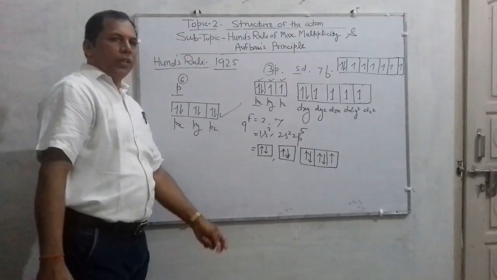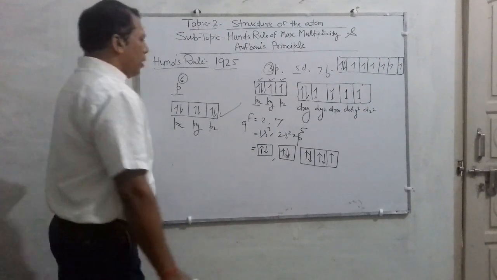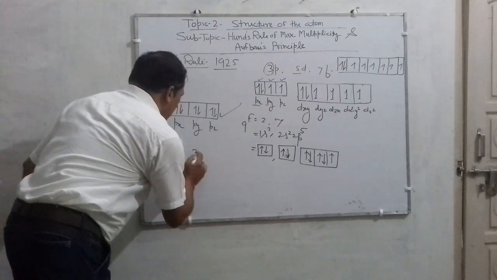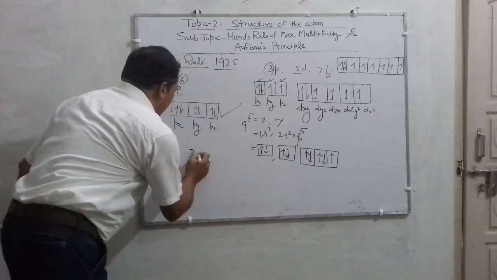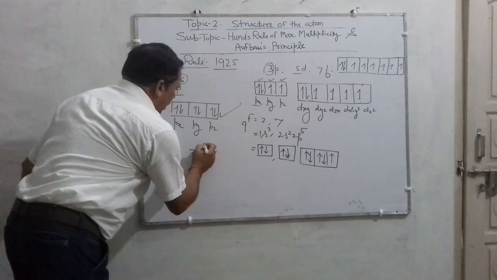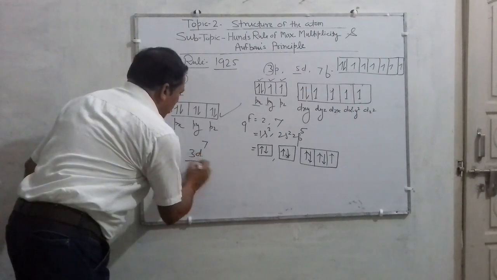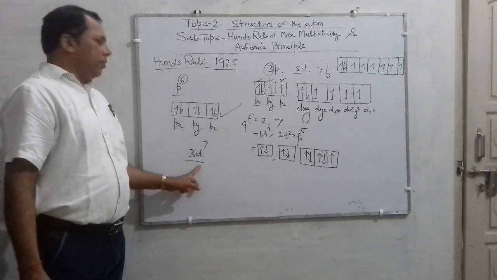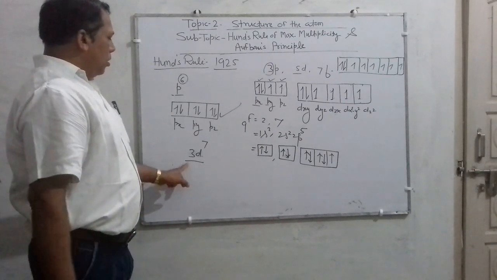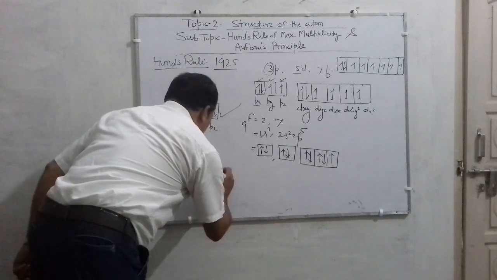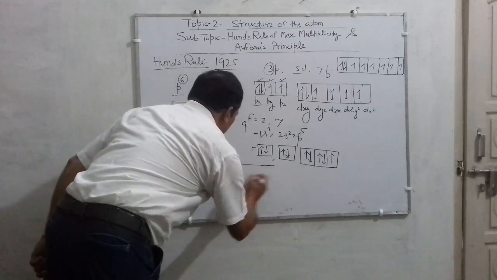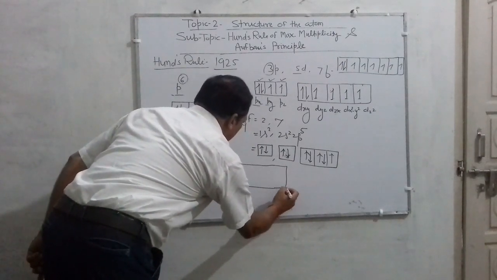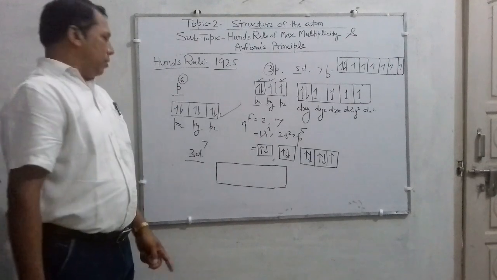Just I am taking one more example. Suppose we have to write the orbital configuration of 3d7. Okay? 3d7. So you know that d orbital is of 5 kinds and can contain a maximum of 10 electrons.